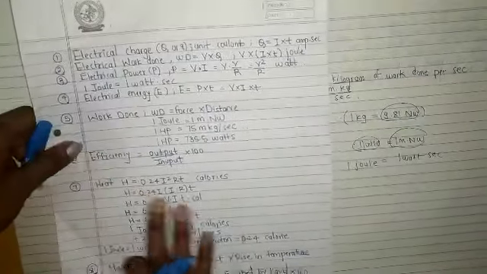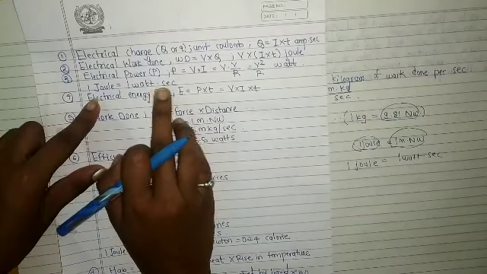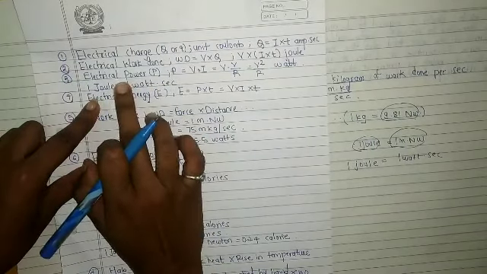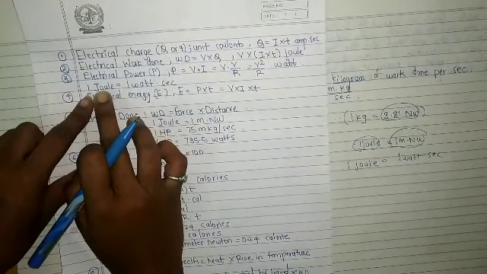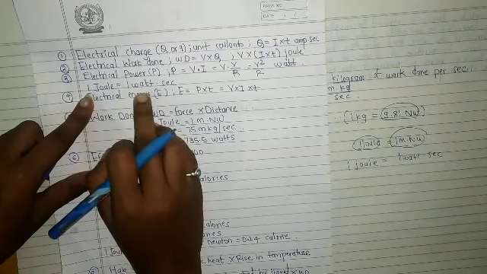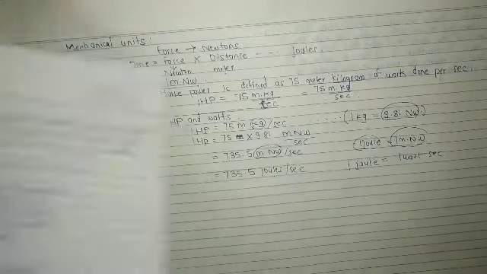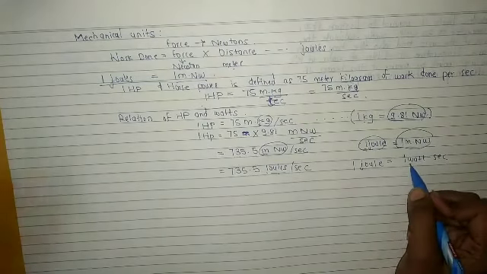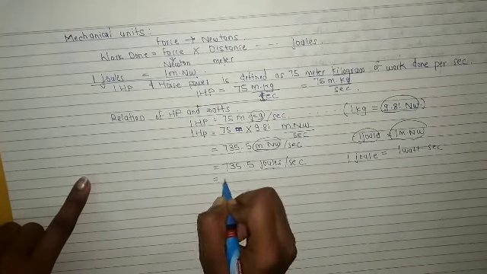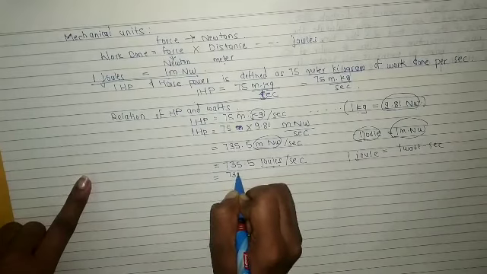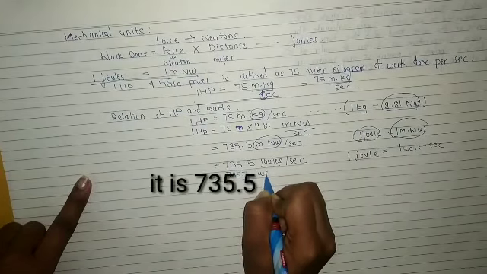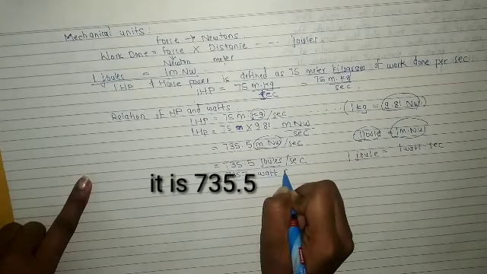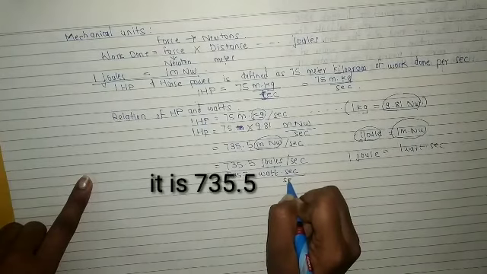Okay, so 1 joule is equal to 1 watt into second. Electrical power, we have seen this. So here, instead of this joule, we'll write 1 watt second. That will be 735.7 watt into second by second.